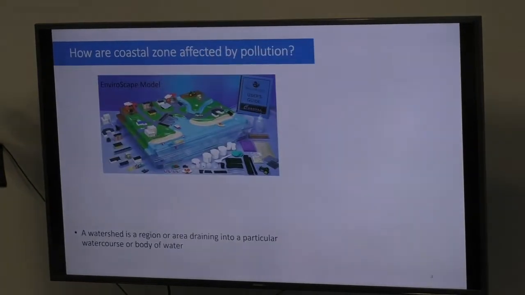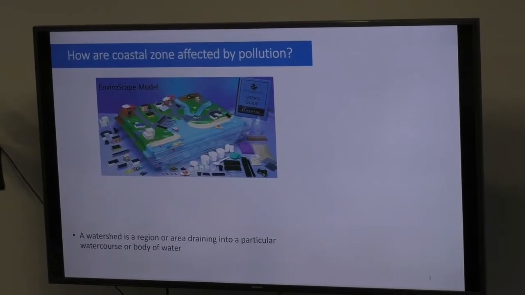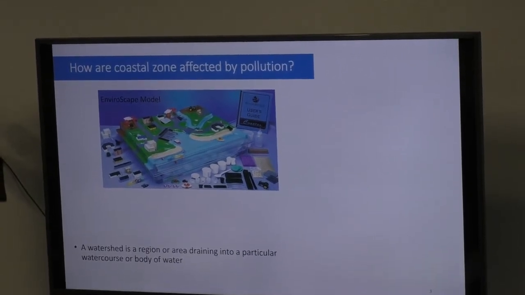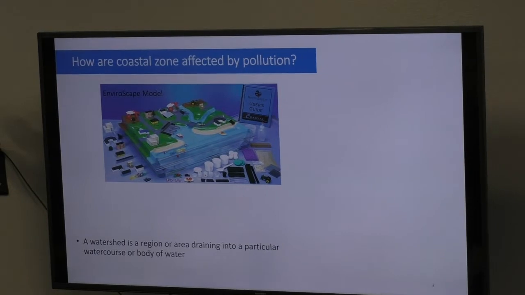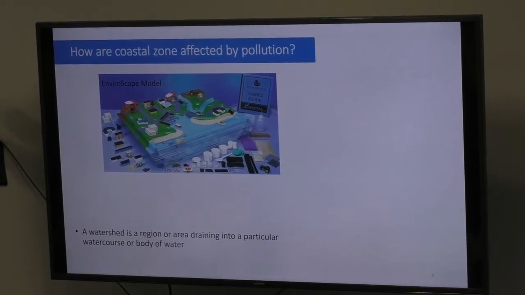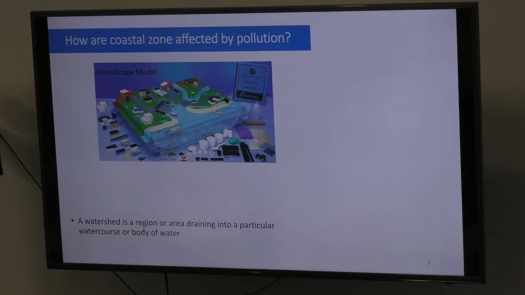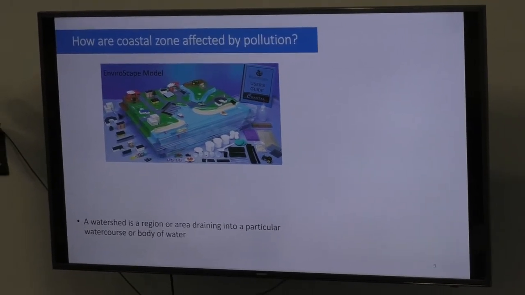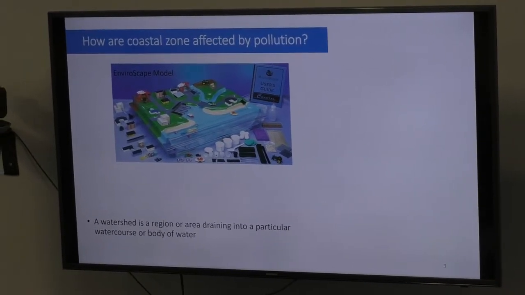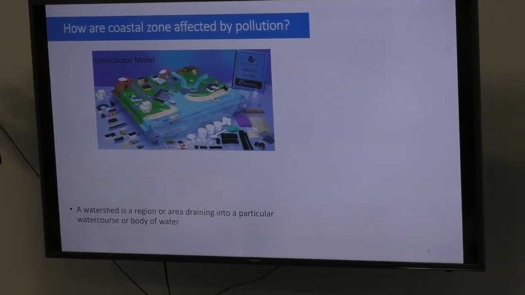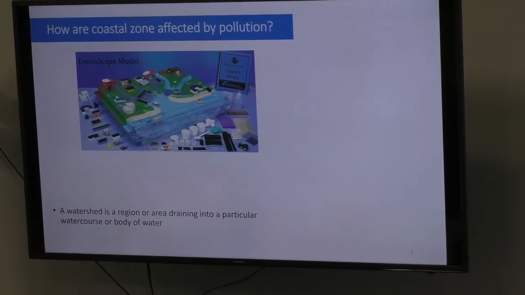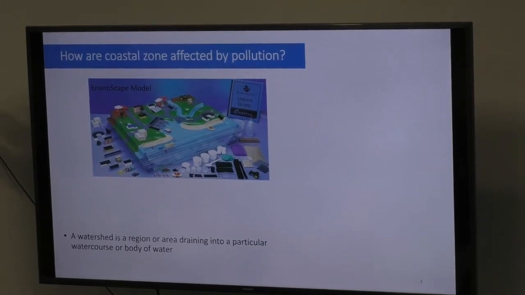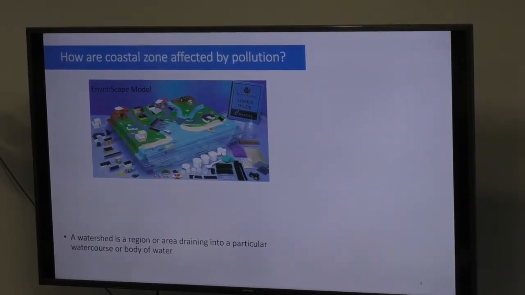So today in this class, using this model, which is called the EnviroScape model, we are going to show you how pollution moves on the land and the coastal area and goes to the water bodies. Then, using another activity on the model, we show you how we can protect it and what the mitigation strategies are to reduce the pollution.